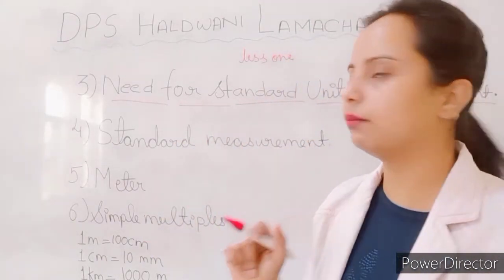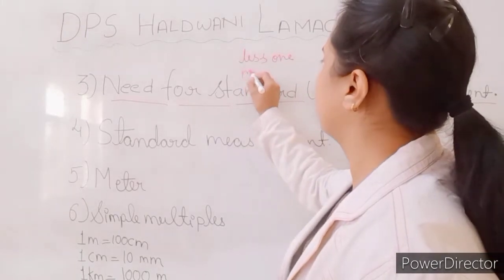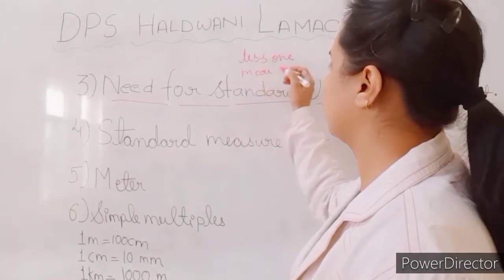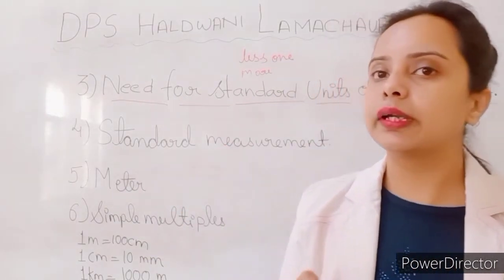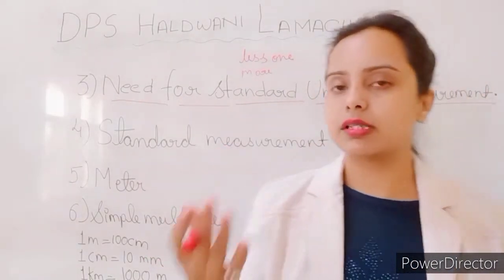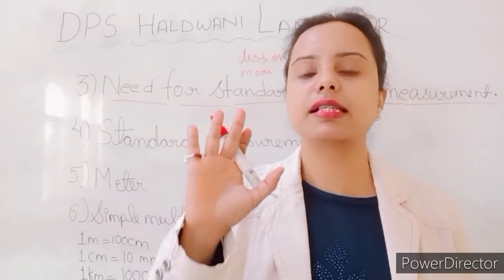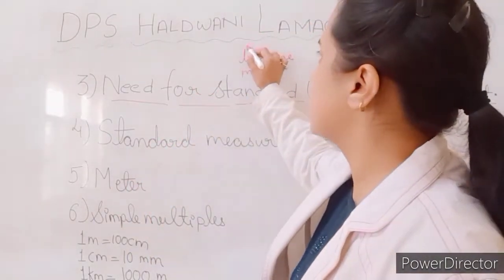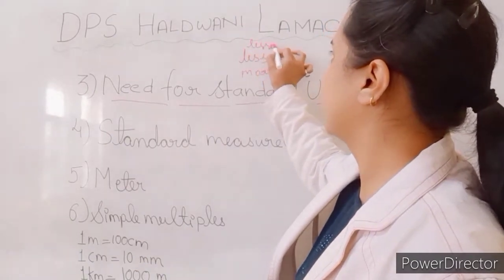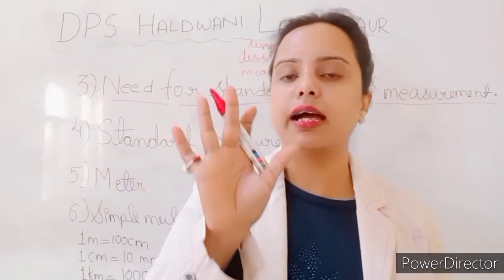If a small child comes, then the length of that object will be more than one hand span. And if another person comes whose hand is bigger than my hand, then it is even less than my hand span.